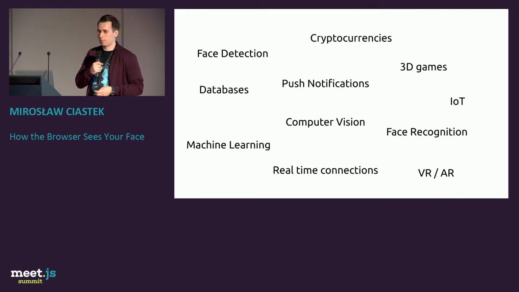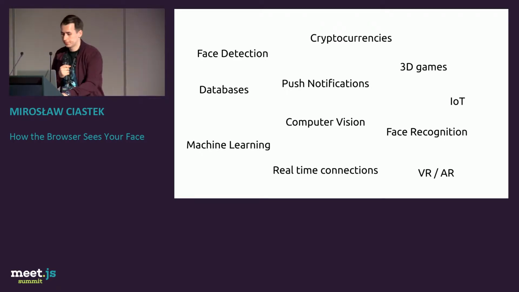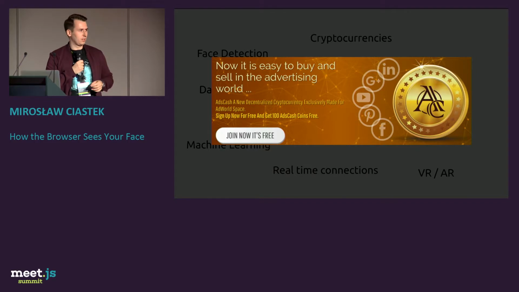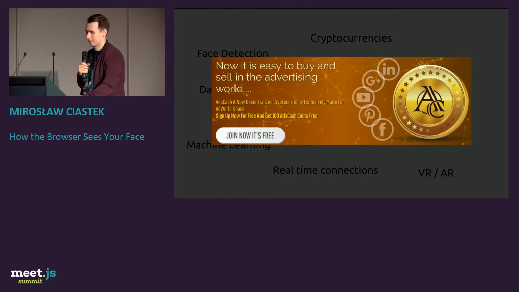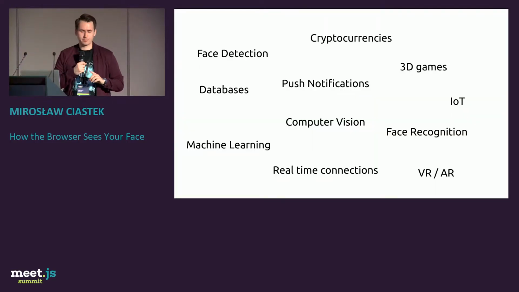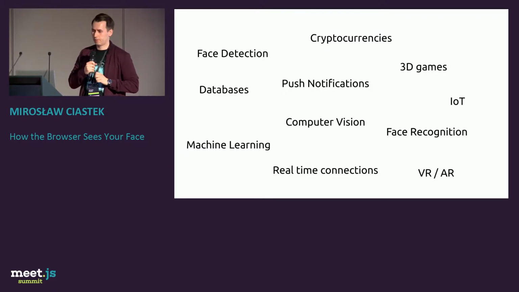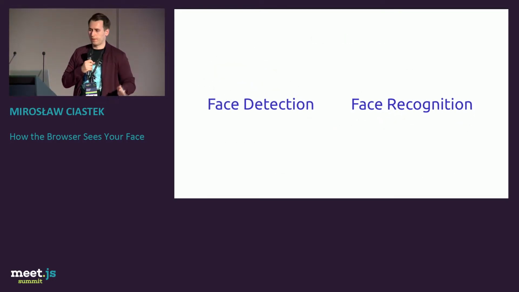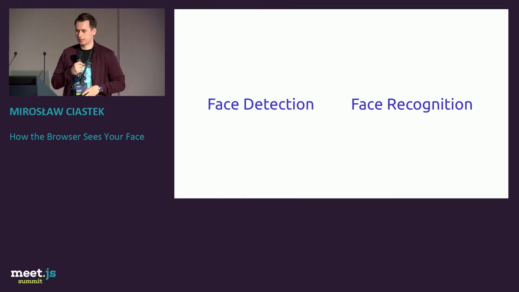And also, we can mine cryptocurrencies. Oh, sorry, some website tries to mine crypto using my browser. But there is one more thing that we can do with our browsers. We can detect the face and recognize the face.